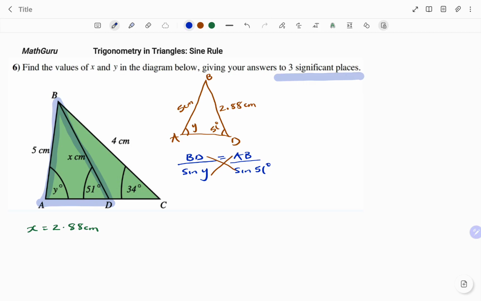I'm going to rewrite that BD, that's 2.88. I'm going to fill in the values before I cross multiply. Over sine y equals AB, AB is 5, over sine 51. Because I'm writing the first part as not values yet, I'm going to replace that as D. Then in the next line, I'll be able to write that as value.